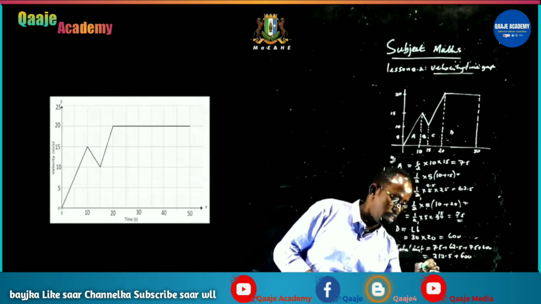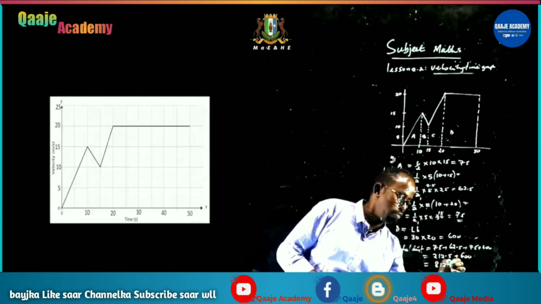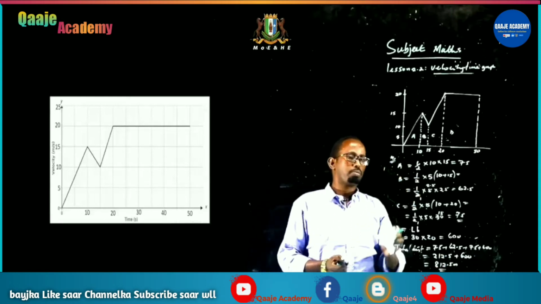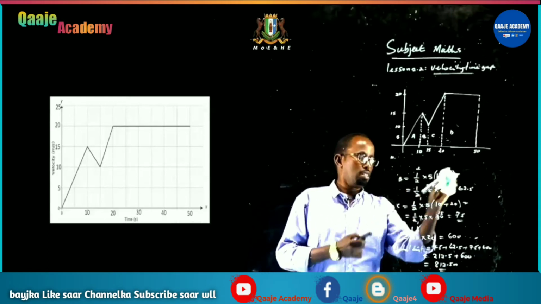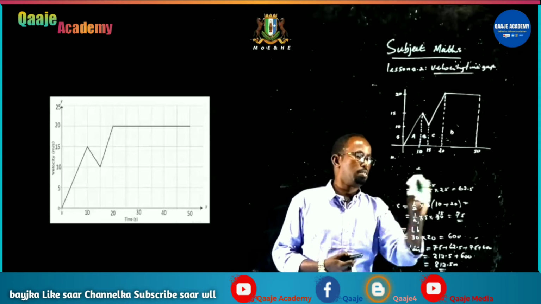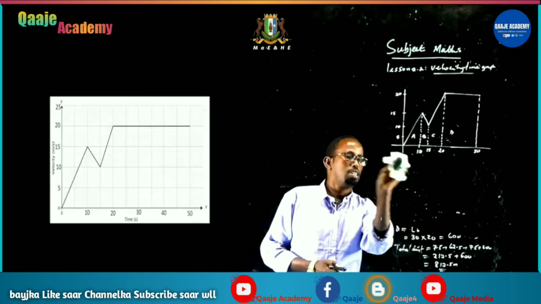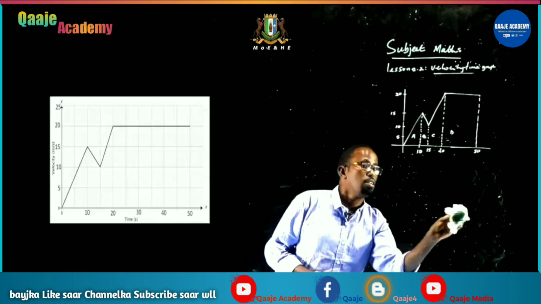You get 812.5 meters. So this is the first method, Method 1. Method 2.